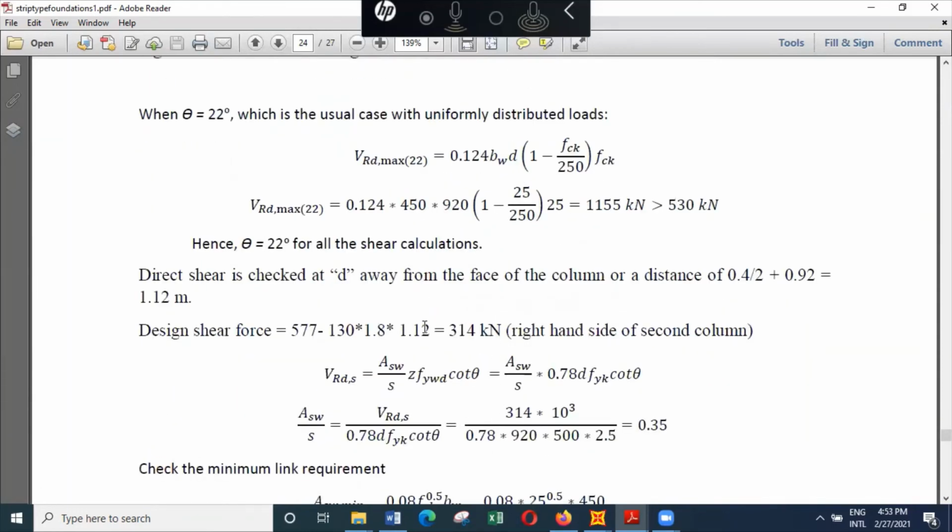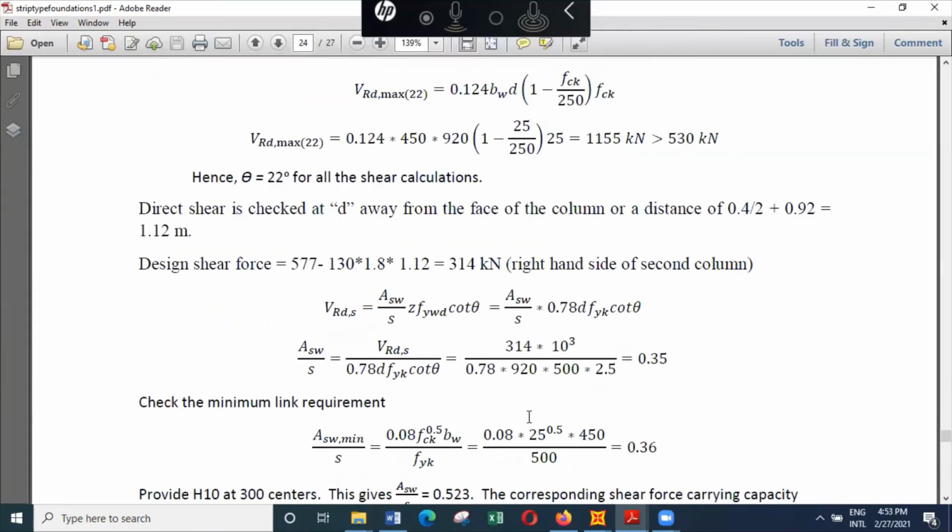And for this, you can decide the Asw/s ratio, considering that we are going to provide reinforcement in the base, and the Asw/s ratio for this particular shear force of 314 is 0.35, but you have to also check the minimum links, and the minimum Asw/s you have to provide is 0.36.